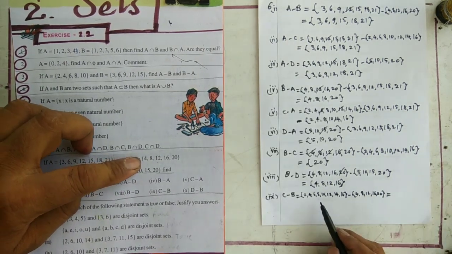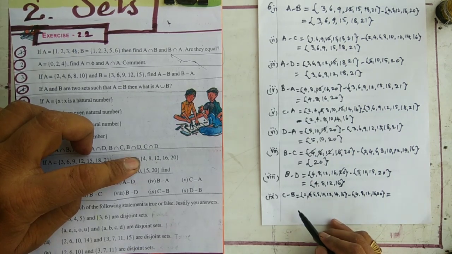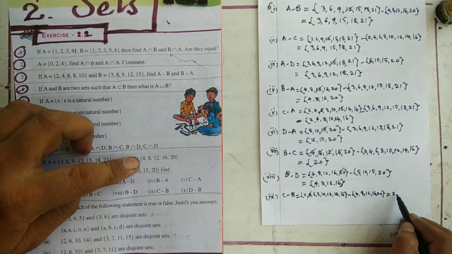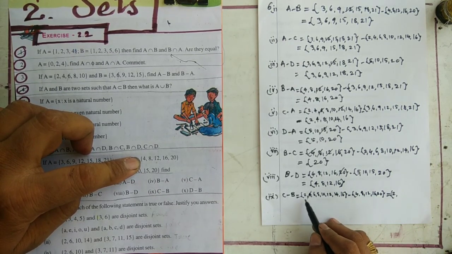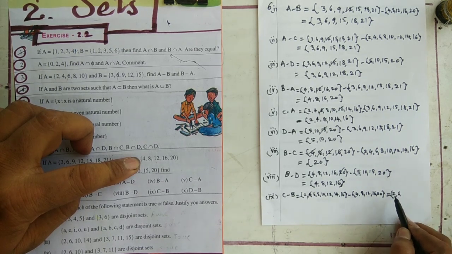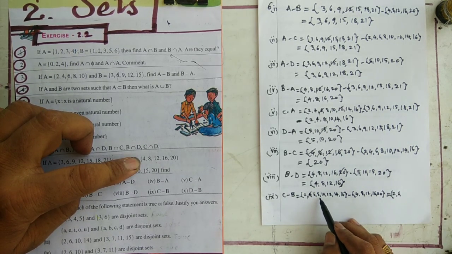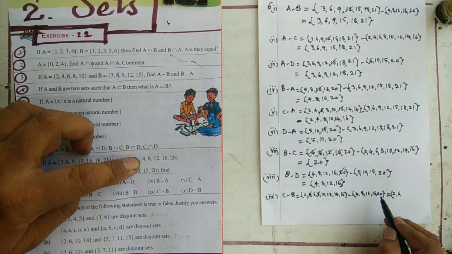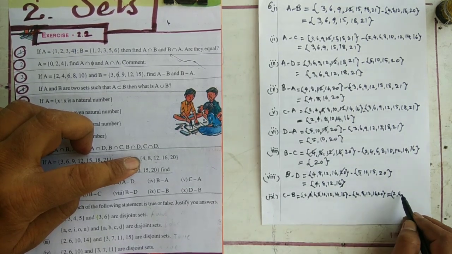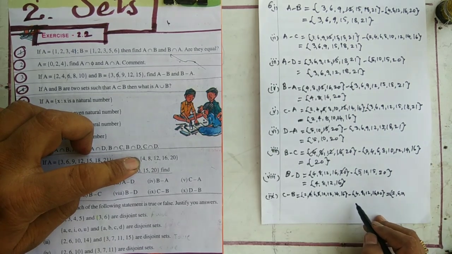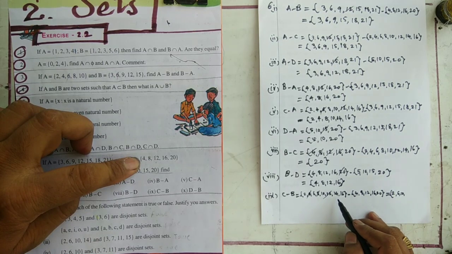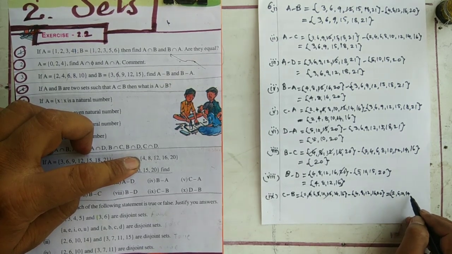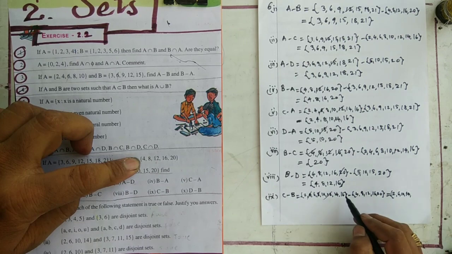So common elements: 4, 8, 12, 16 are common and cut from C. The remaining are 2, 6, 10, 14.